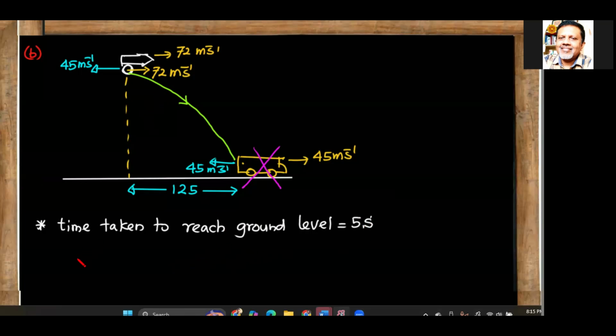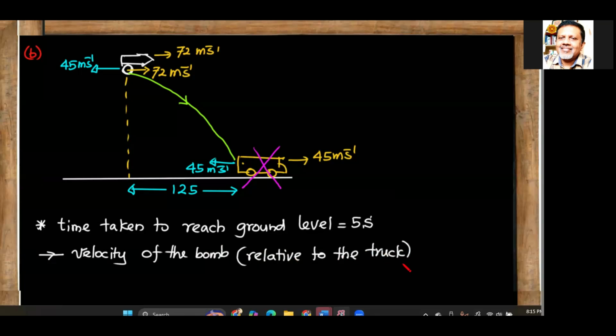And see, the horizontal velocity of the bomb, actually relative to the truck, right, is equal to 72 minus 45, right? 72 minus 45.